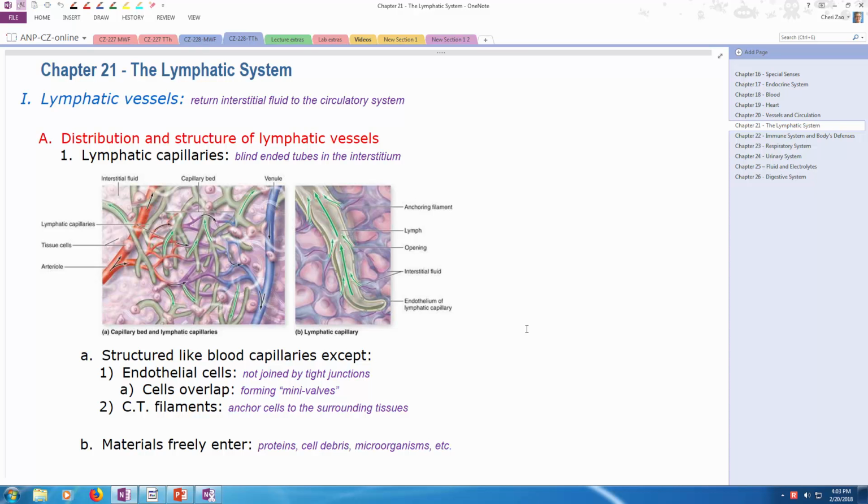So lymphatic system. This is going to be the system that's going to take that excess fluid that's left in the interstitial spaces after we get through the capillary bed and bring it back to our circulation. The lymphatic vessels should be thought of as drainage or overflow vessels.